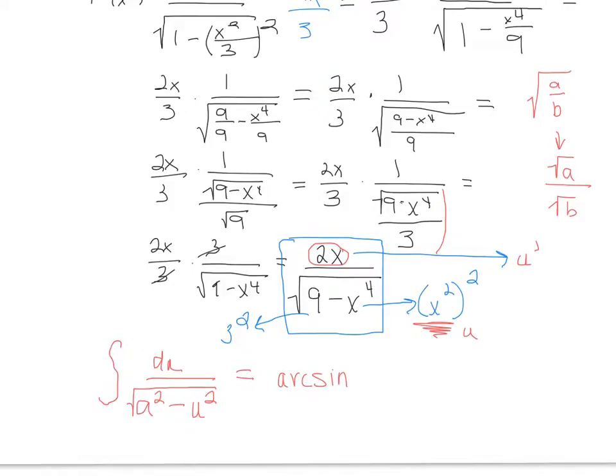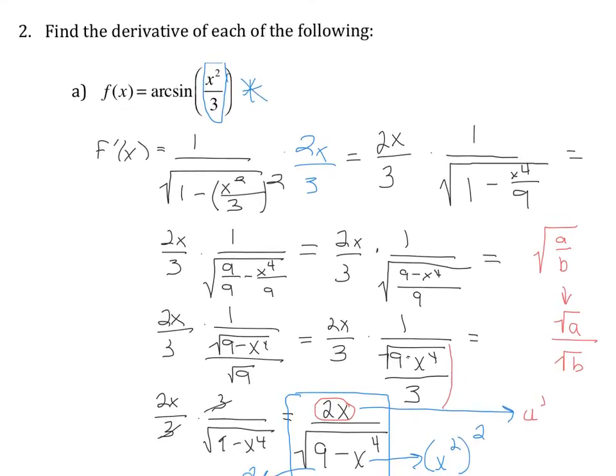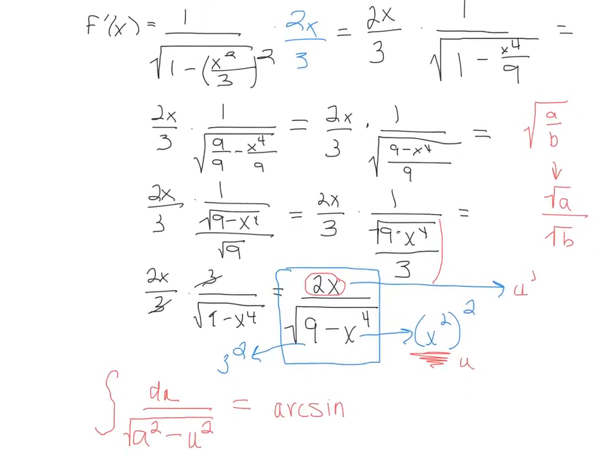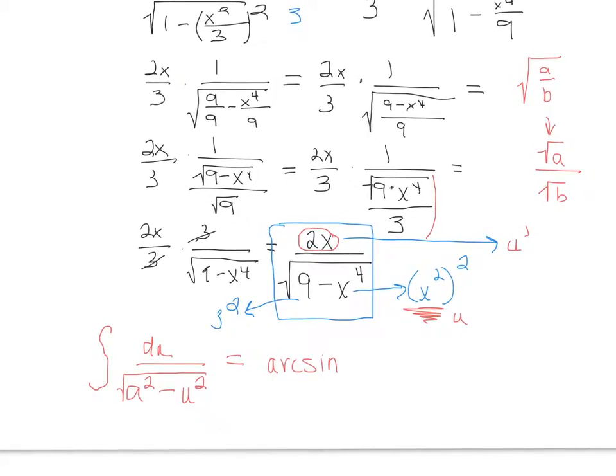And then notice what it was: it was x squared over 3. In other words, the thing that we chose for u, and then over 3, that's over a. And then, of course, if we were integrating, we'd have to throw on a plus c.